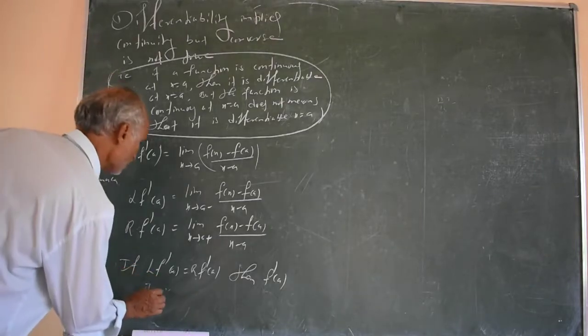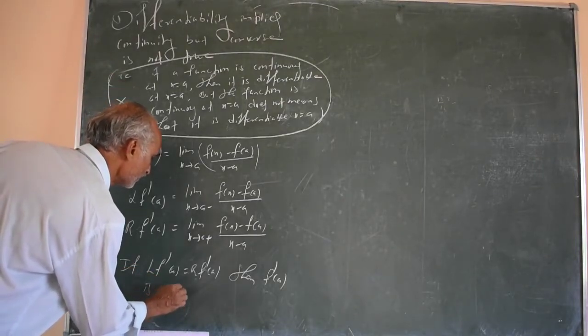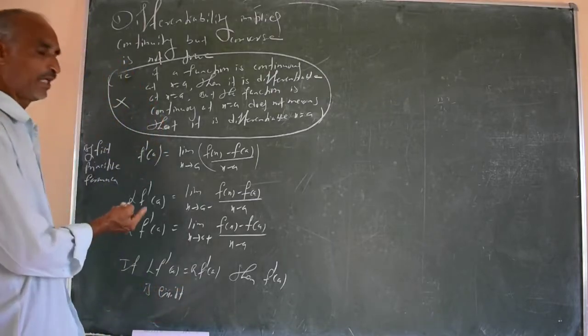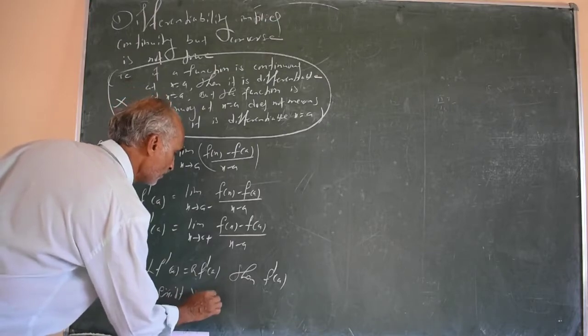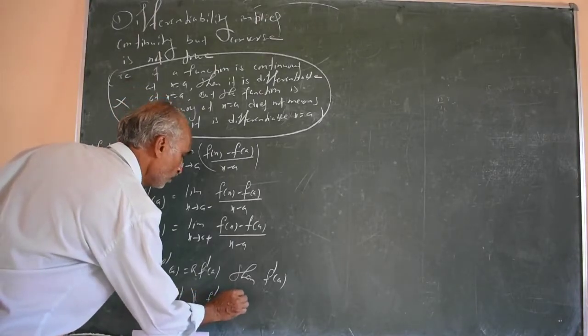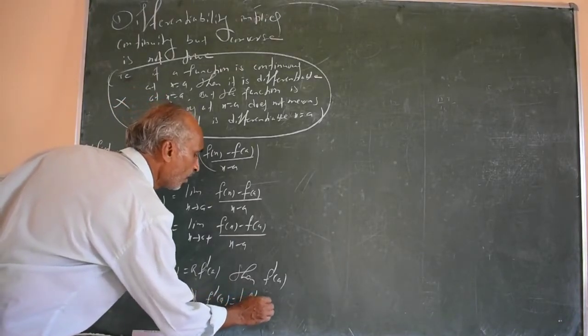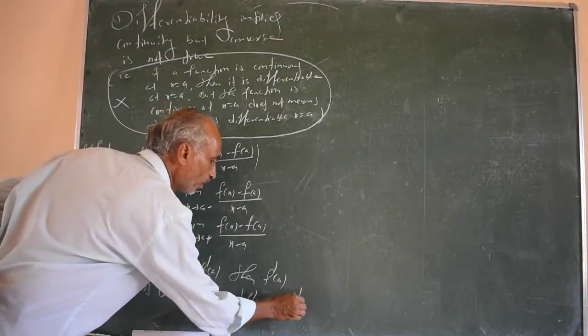It exists and is equal to either L f dash of a or R f dash of a, because both are equal.